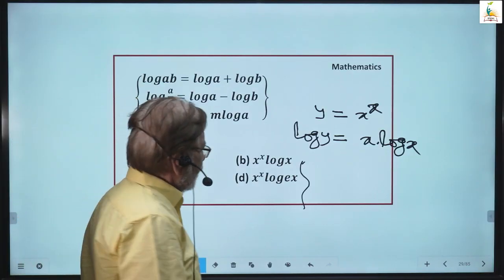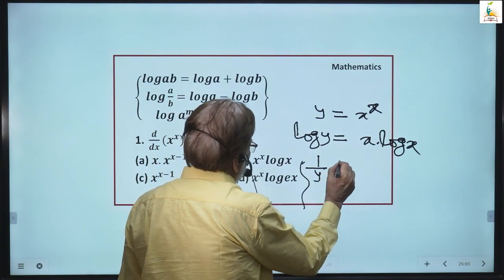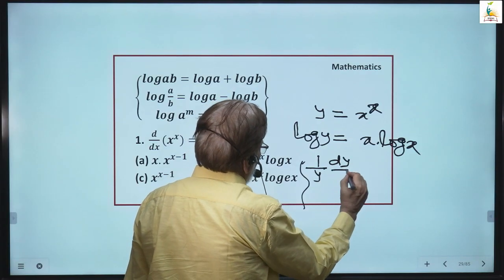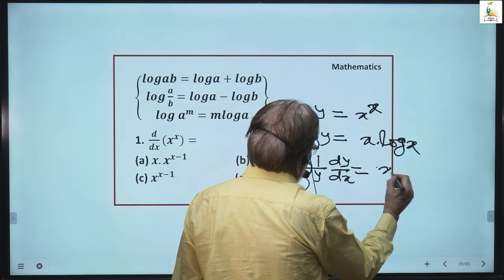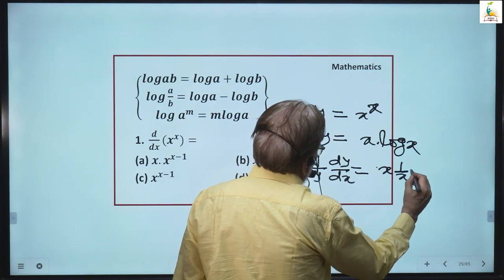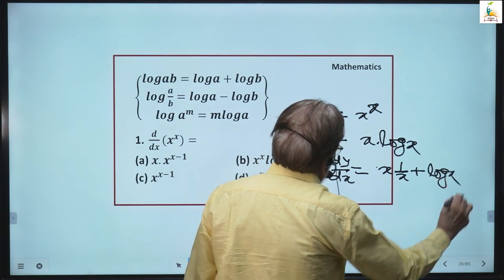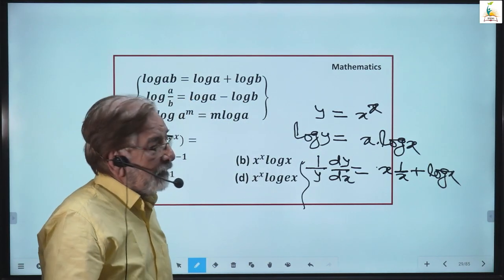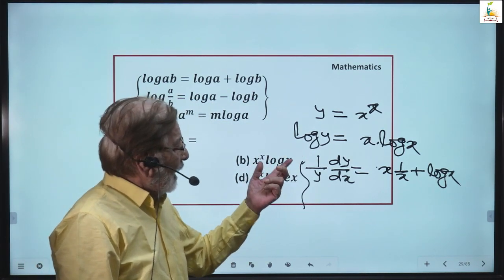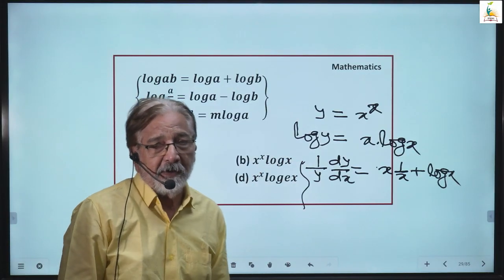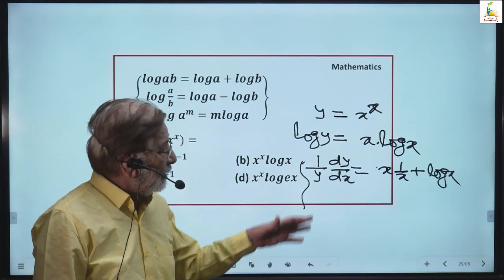So, differentiate it: 1 upon y dy upon dx shall be equal to x times 1 upon x plus log x. I have applied the product rule. X as it is, differentiation of log x is 1 upon x, log x as it is, differentiation of x is 1.